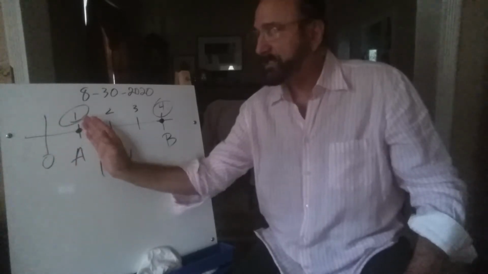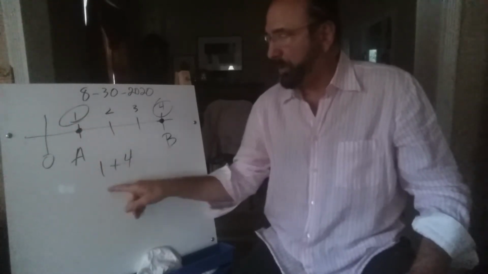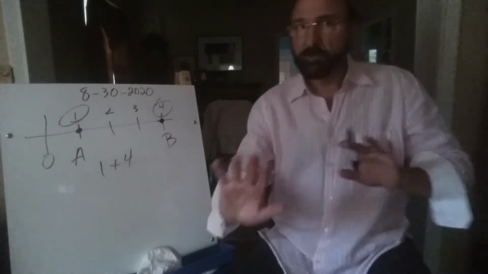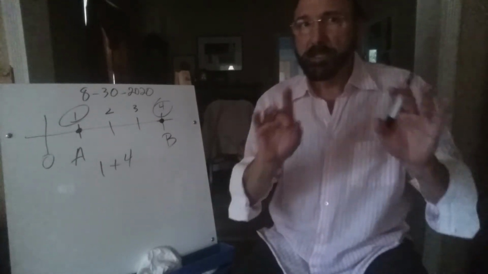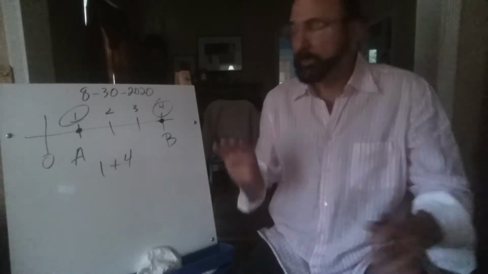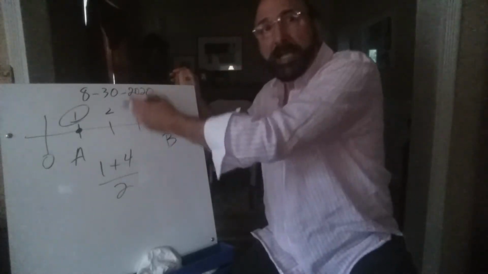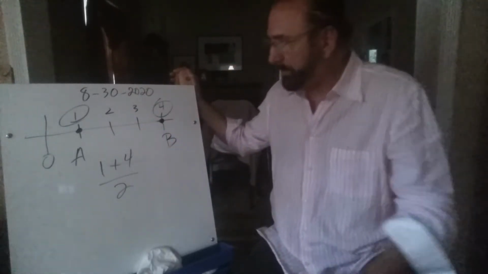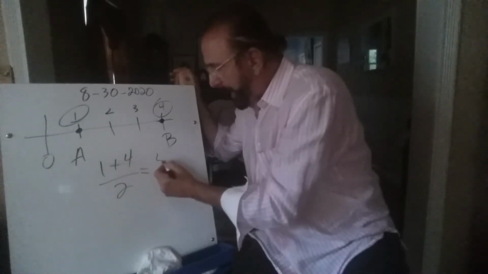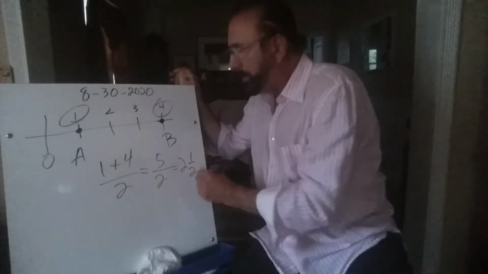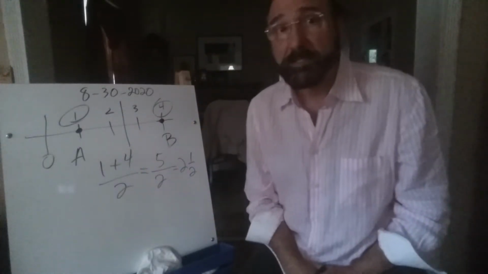This is one distance. 0 to 1 is 1. 0 to 4 is 4. Those are 2 different distances. You add them and divide by 2 to get the average. Well, that average is going to put you right smack in the middle between 1 and 4. 1 plus 4 is 5. Divided by 2, 2.5. Well, that looks like the middle, and it is.